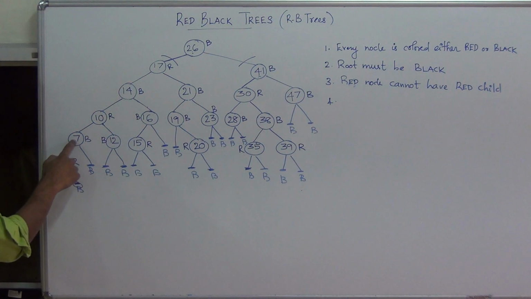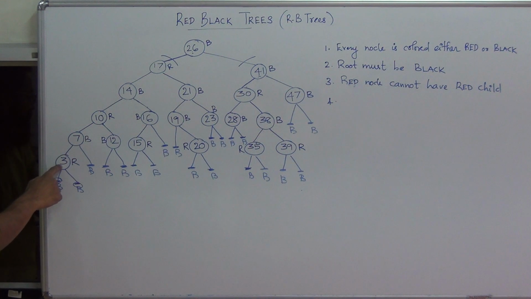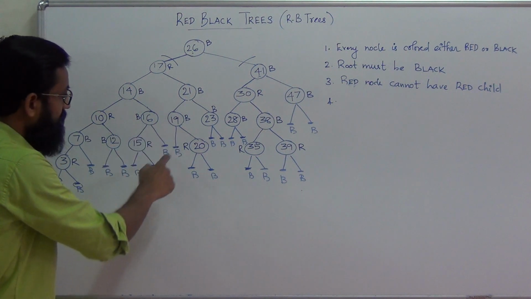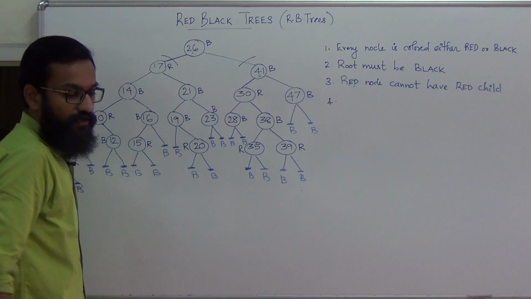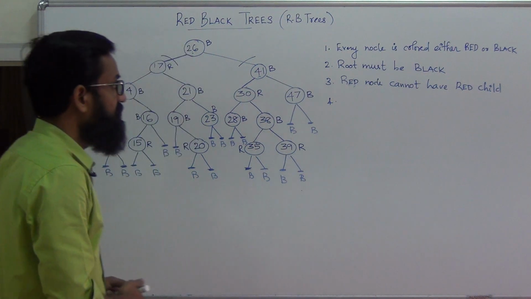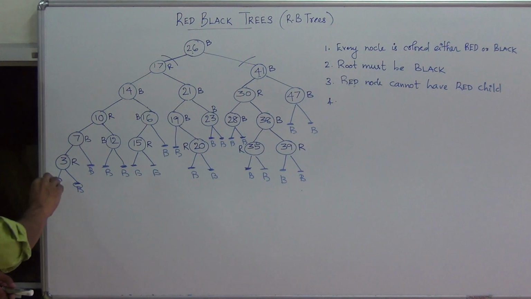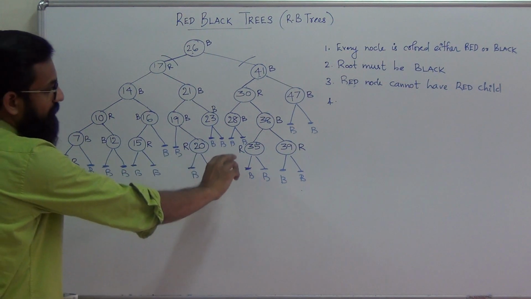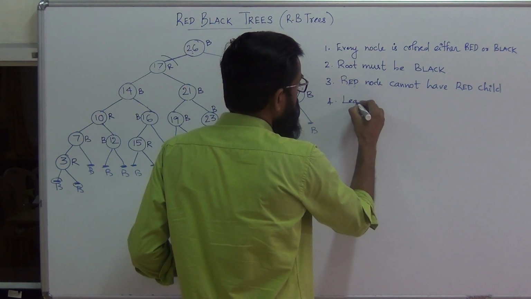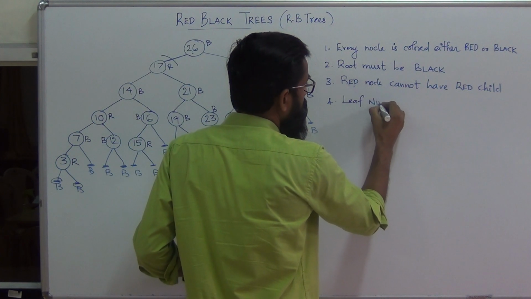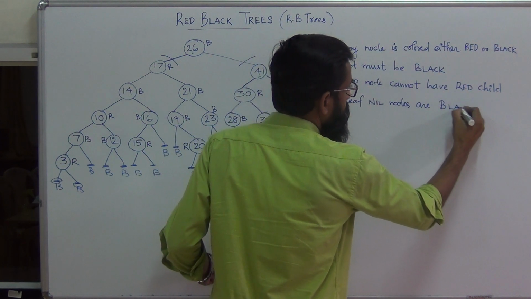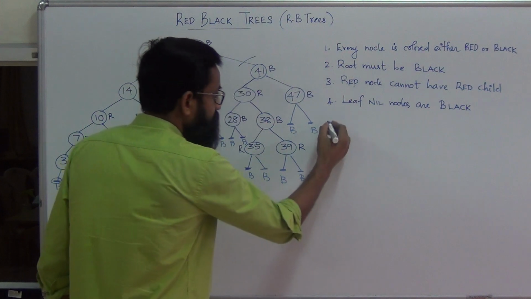If I take 7, left is not null, the left child is 3, and right is null. And if I take 19, left is null and right is 20. So all the null pointers are called leaf nil nodes. All leaf nil nodes are assumed to have black color. So leaf nil nodes are black. That's the fourth property.